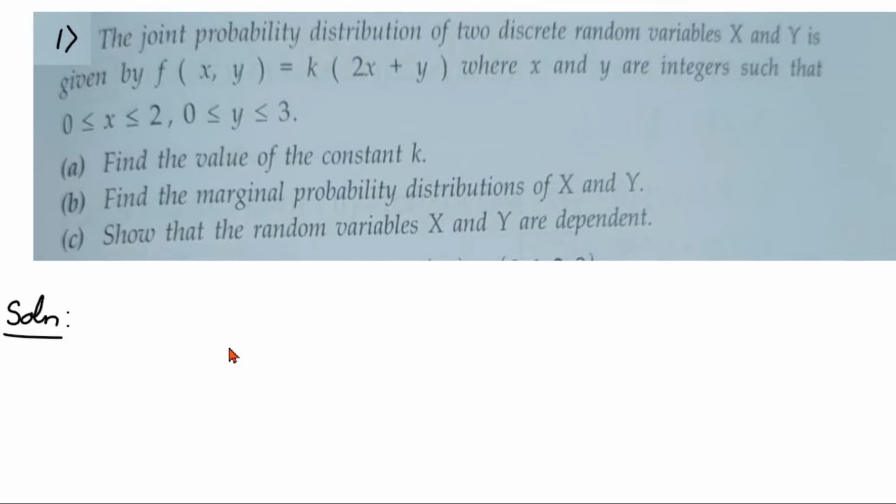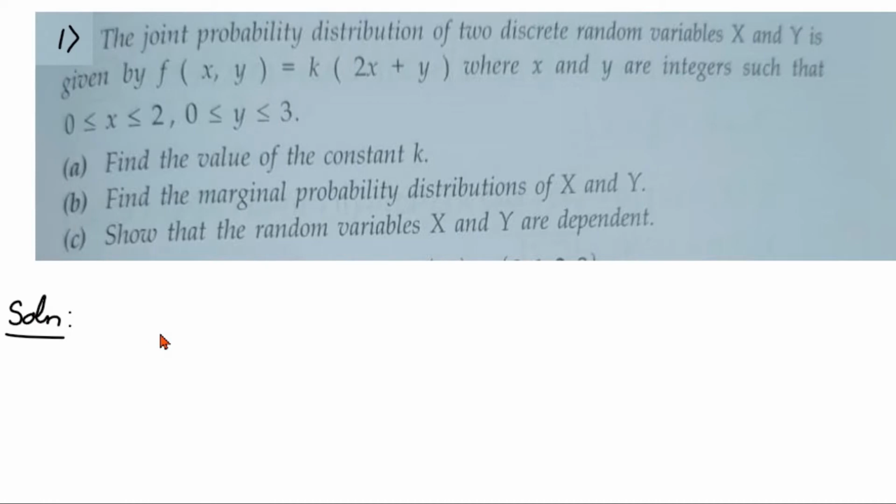So what is given over here? The value of random variable x is given. The set of values of xi, the range is from 0 to 2, so I'll write down the values as 0, 1 and 2.